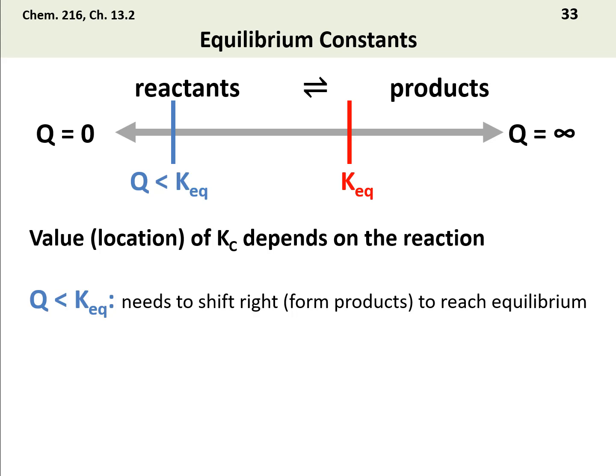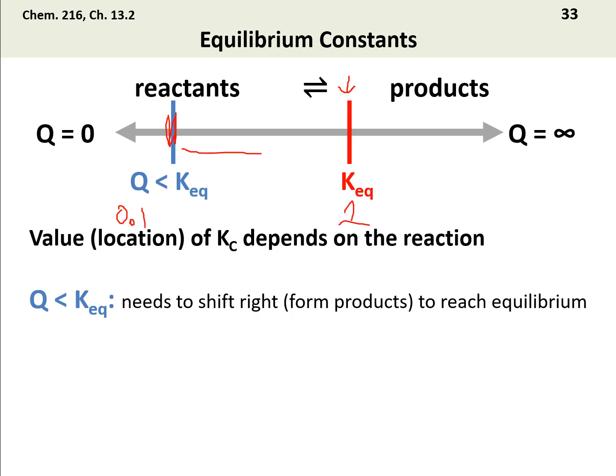So let's say here's my Q and here's my K, and my Q is less than my K. This could be 0.1, this could be 1, or whatever. Q is less than K. What's going to happen?